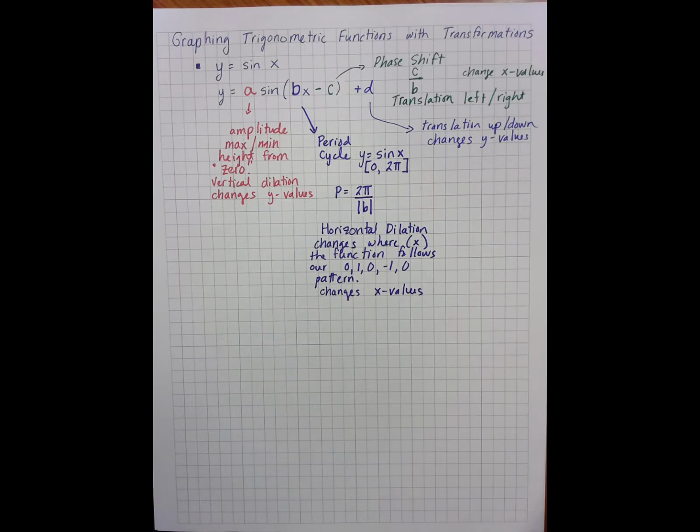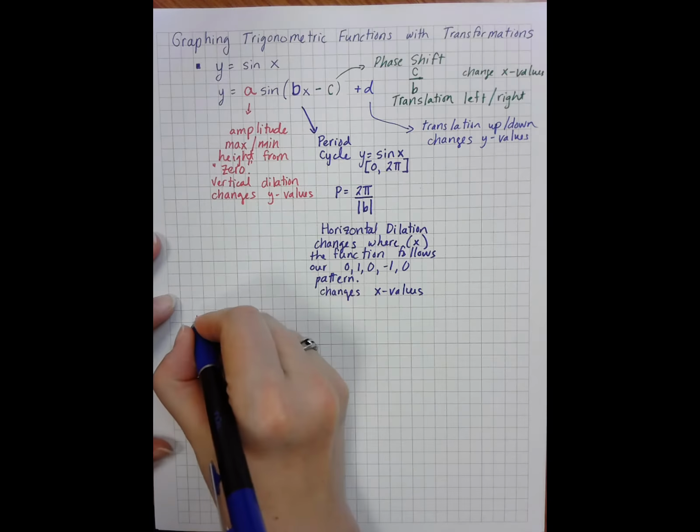So now we're going to look at what all of that means, because it's pretty intense in terms of all the things that happen. So we're going to look at 4 functions.